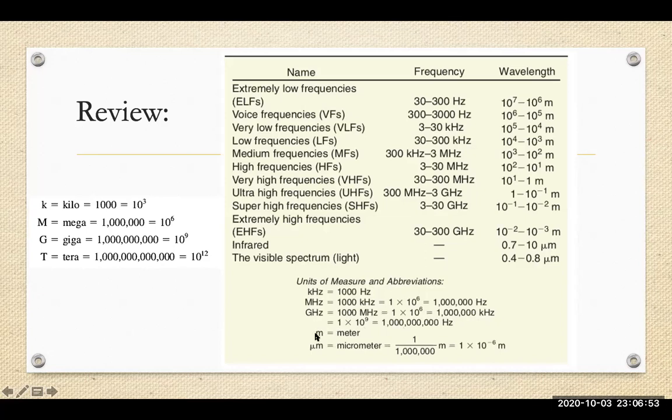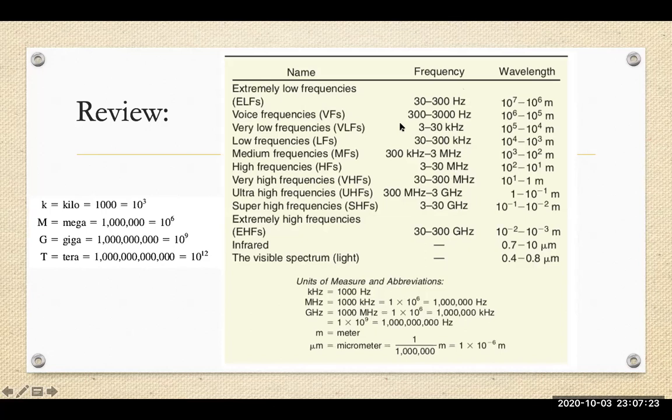Again, the letter m in the electromagnetic spectrum table means meter, and μm is micrometer, which is equal to 1 times 10 raised to minus 6 meters. As you can see, the wavelengths become shorter as the frequency increases.